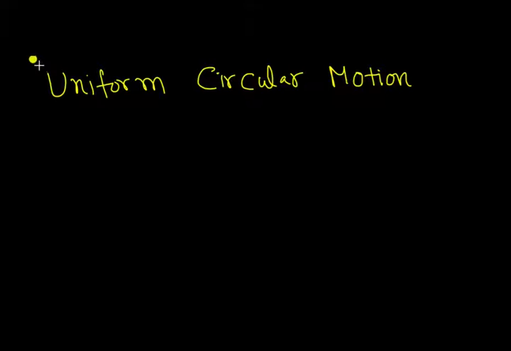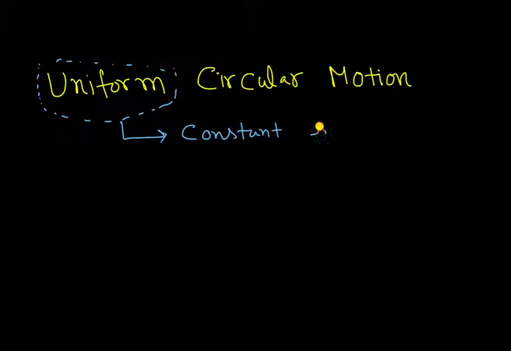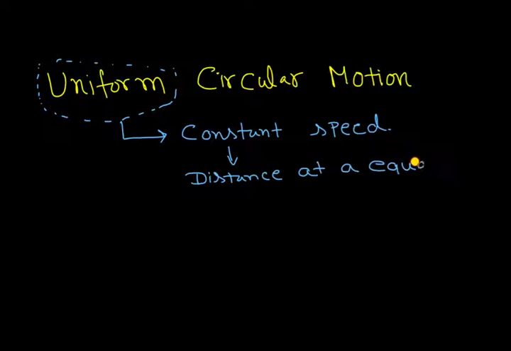See, the word uniform means constant speed. That means the body will cover a distance in equal intervals of time.